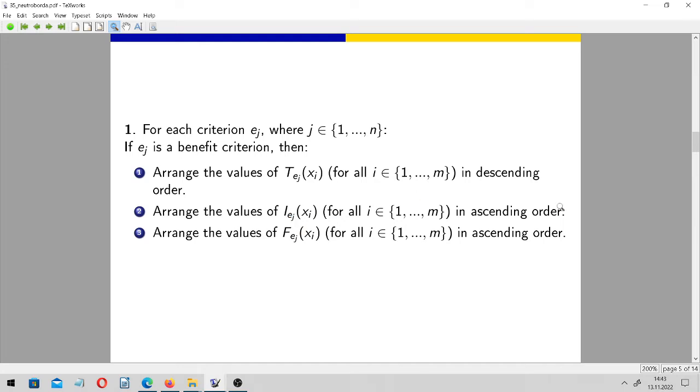This is because finally we would like to have the best values on the first place, then on the second place, and so on.